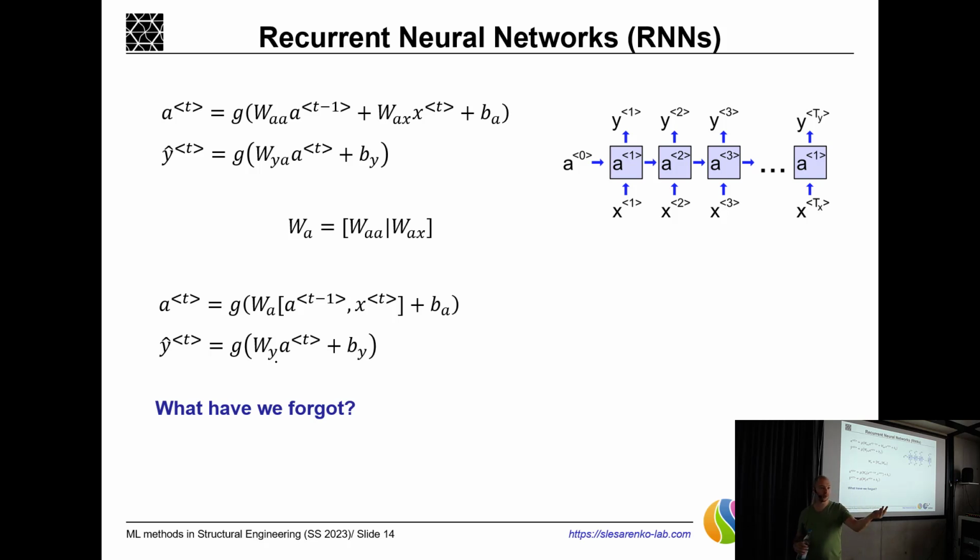So what is important for a neural network, especially for training? What have we forgotten? Yes, but no, activation functions we have. We remember them.